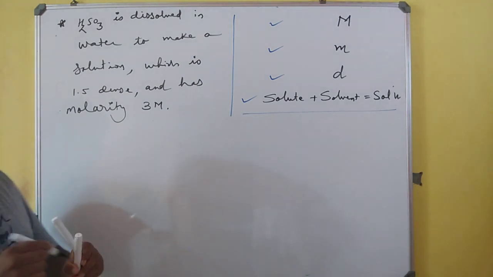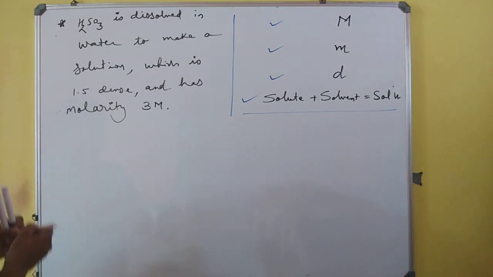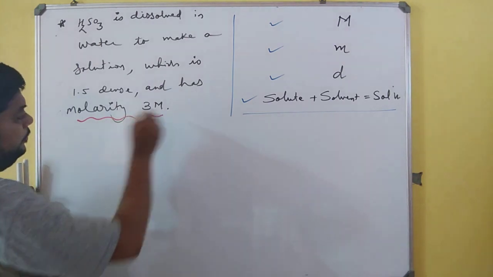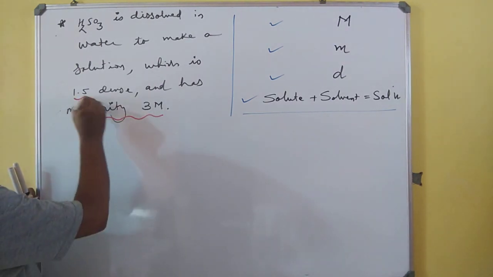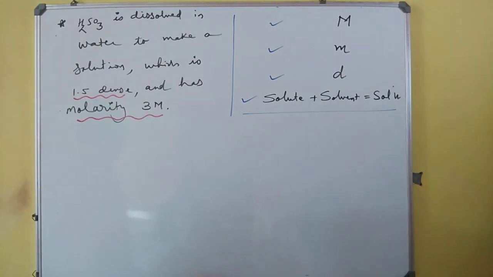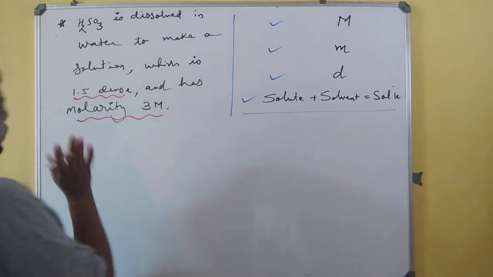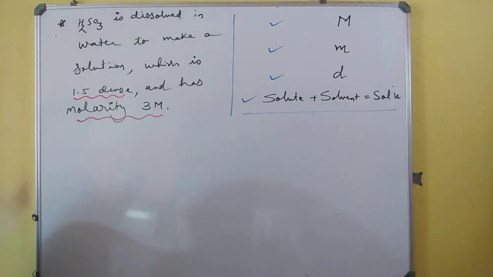See what are the data as of now given to you. You are having the data of molarity, you are having it as 1.5 times dense. So you have the density, you have the molarity.